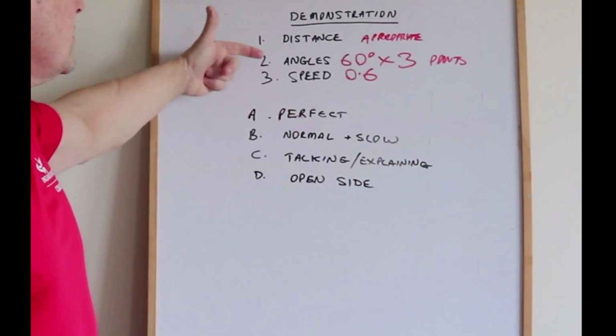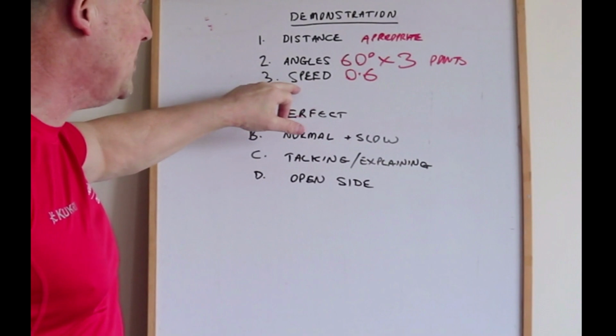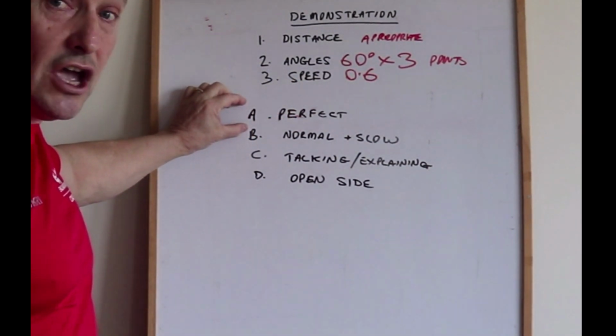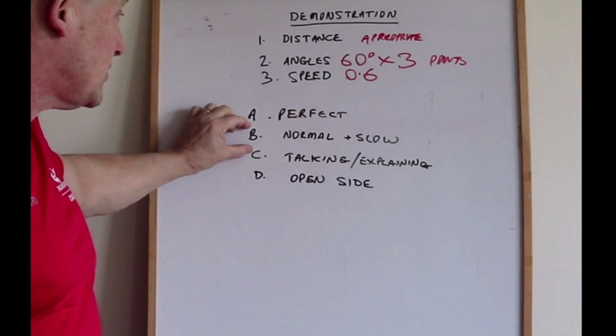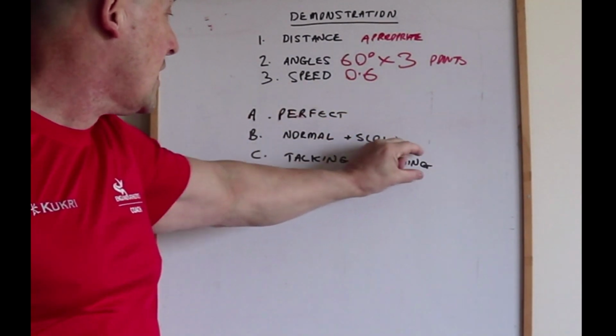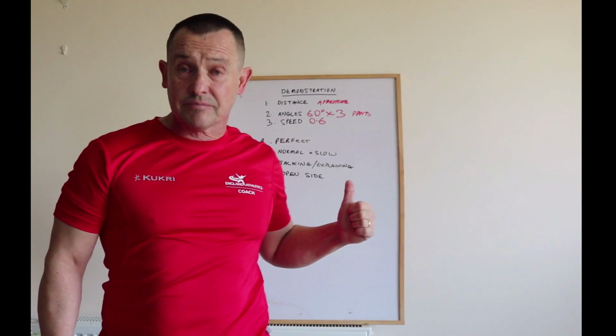The distance, the angles, using 3 points if necessary, the speed of your demonstration, that the demonstration needs to be perfect, that you do it firstly at normal speed and slow speed, then you do it with talking and explaining, and the demonstration should be from the open side of the body. They are the most important key points.